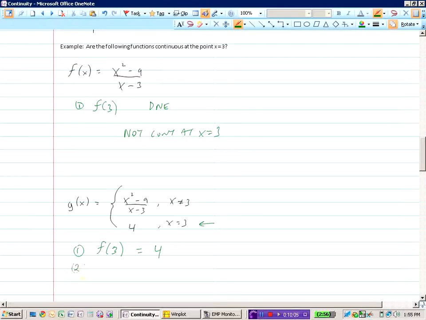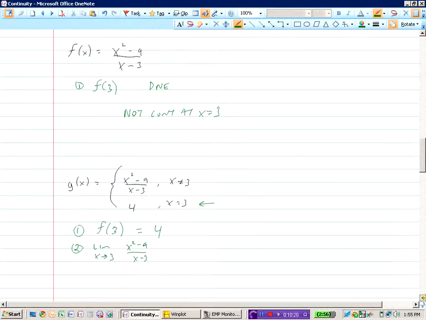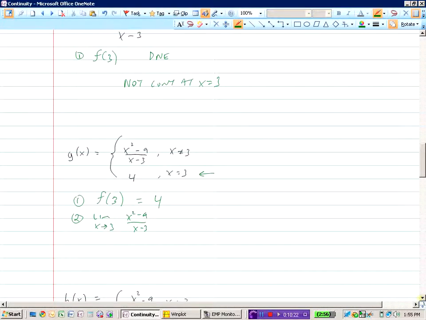Let's look at step number 2. What is the limit as x approaches 3? Now when we do this, we need to look at this function, because this is the graph that we would be using as x approaches 3. X squared minus 9 over x minus 3. And how are we going to evaluate this limit? This is what you were suggesting, Olivia, right?